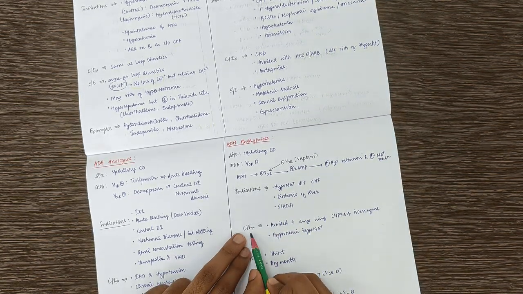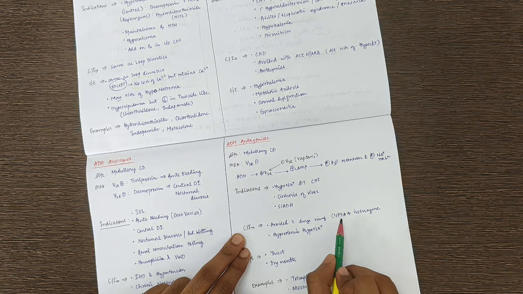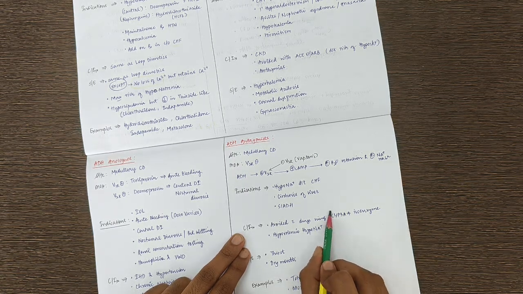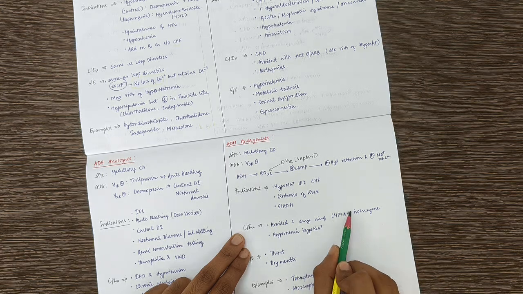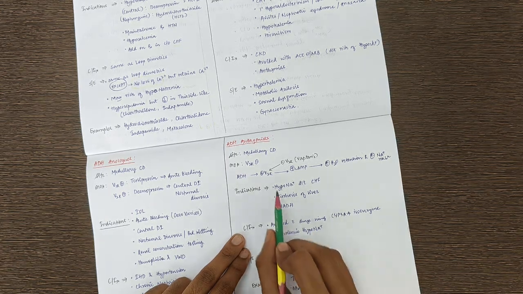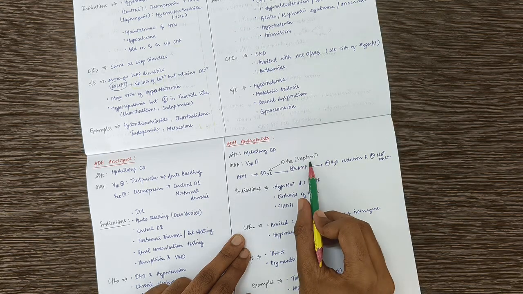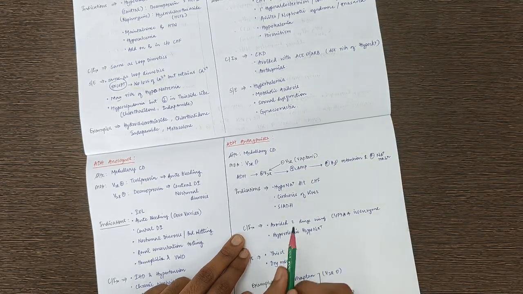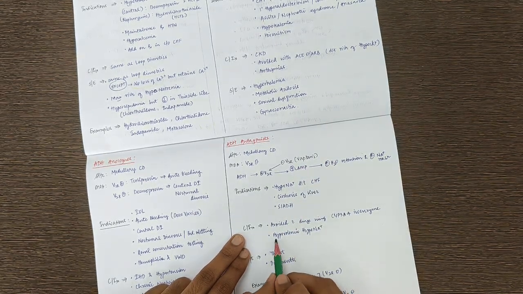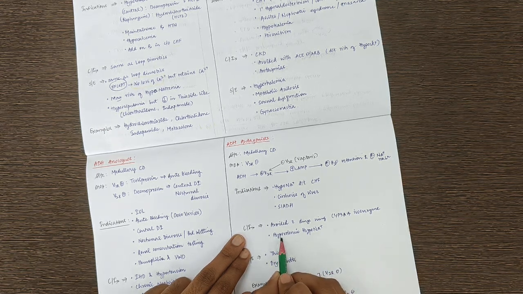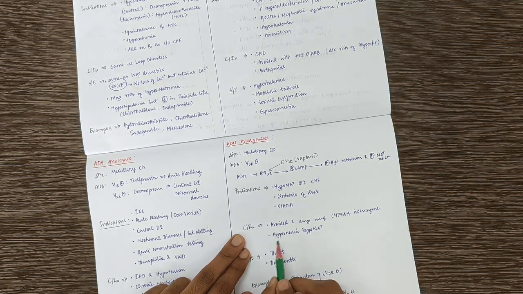What are the contraindications? They should not be given with drugs using the same CYP3A4 isoenzyme. If a drug is using this particular isoenzyme, it is not available to metabolize vaptans, so the vaptans are not metabolized properly. Also hypovolemia and hyponatremia: if there is hypovolemia and hyponatremia together, then you should not use it.